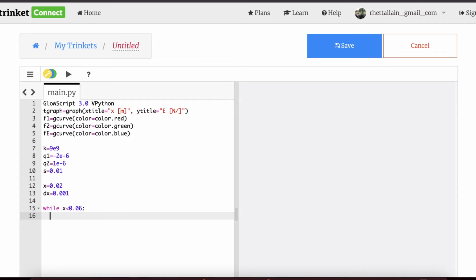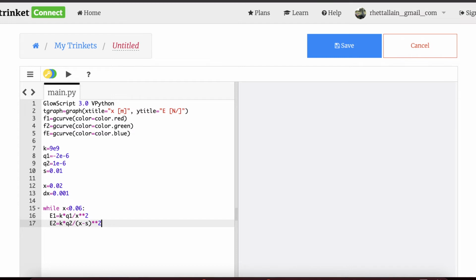I'm going to calculate the value for E1, and this is a scalar. E1 equals k times Q1 divided by x squared. In Python, squared is star star 2. E2 equals k times Q2 divided by (x minus s) squared.